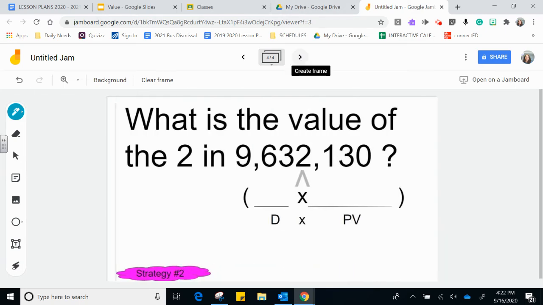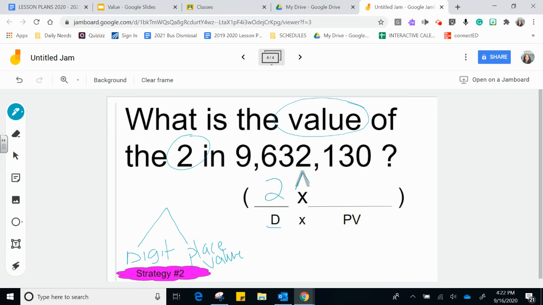Now, let's go back to strategy number 2. Strategy number 2 is that upside down V, and we're taking into account the digit that we're dealing with and the place value because both are important in finding the value. So if we're looking for the value of the 2, I'm going to find the 2 and do the upside down V. The digit is a 2, easy peasy.